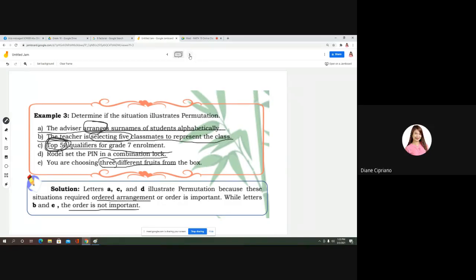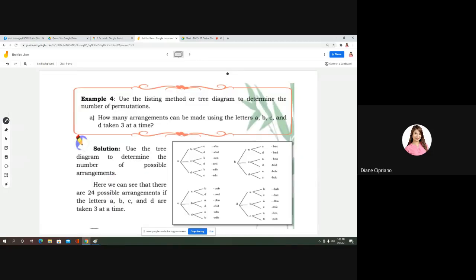Okay. So let us now proceed with our example number 4. Ito yung isa sa mga example nyo rin sa 1, parang ganito. Pero in this case, ang sabi ay gumamit ka daw ng listing method. So how many arrangements can be made using letters A, B, C, and D taken 3 at a time?